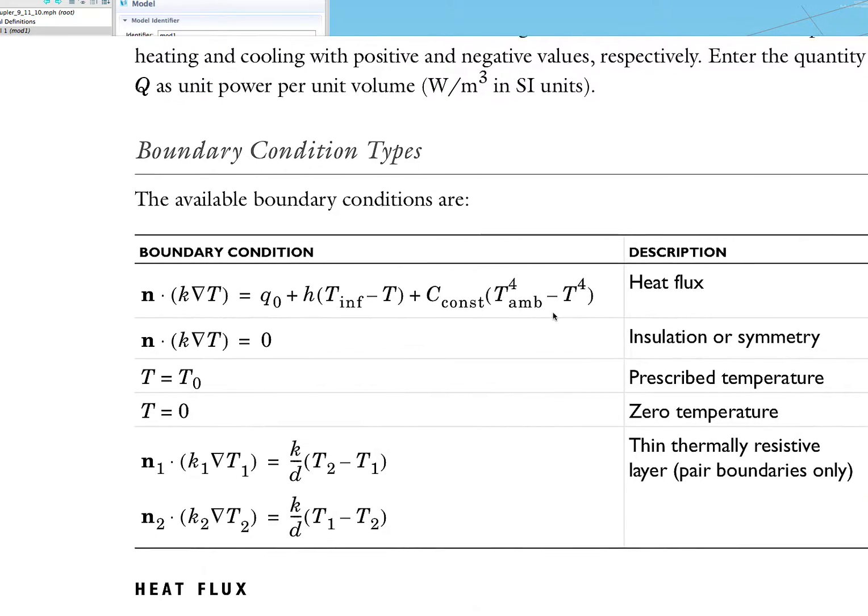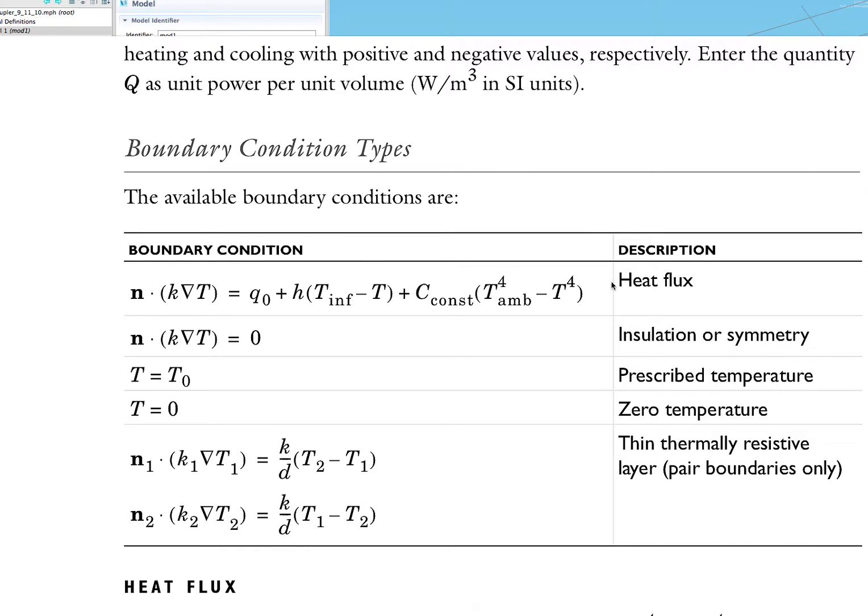The boundary conditions, as you can see here, include the heat flux boundary condition. The heat flux is the normal n dotted with K grad T. That heat flux is equal to a prescribed value, or a convective value, and or a radiative value.